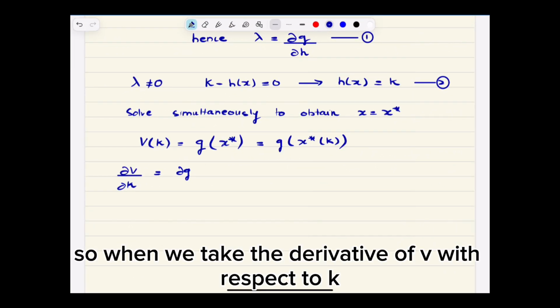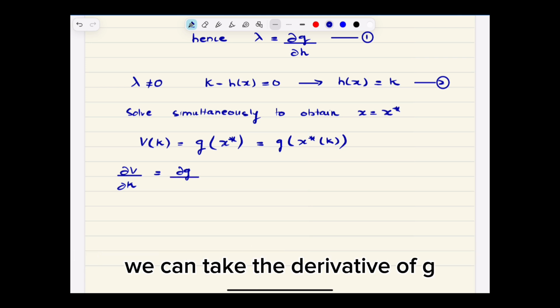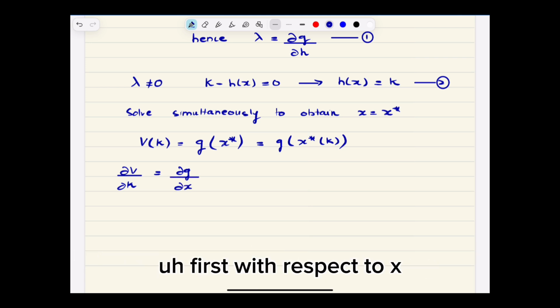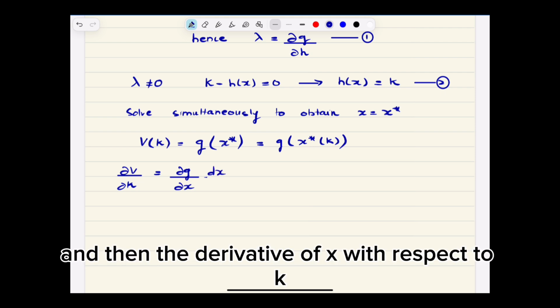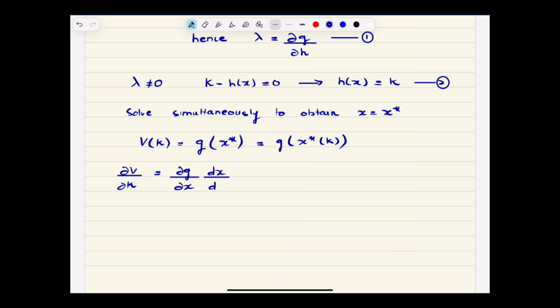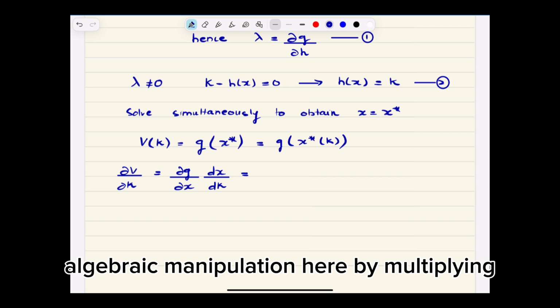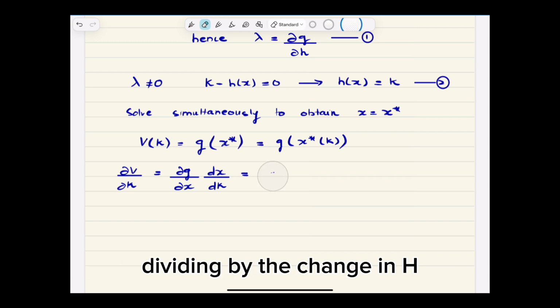So when we take the derivative of v with respect to k, we can take the derivative of g first with respect to x, and then the derivative of x with respect to k. We can do a little algebraic manipulation here by multiplying and dividing by the change in h.